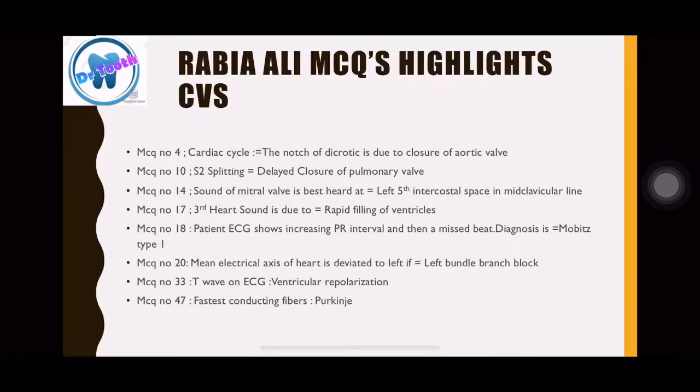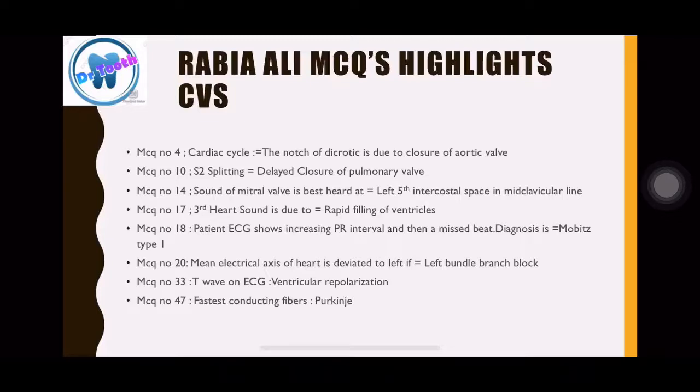MCQ number 18, a patient's ECG shows increased PR interval and then a missed beat. Diagnosis is Mobitz type 1. You need to know about Mobitz type 1 and 2. Then MCQ number 20, mean electrical axis of the heart is deviated to left in left bundle branch block.